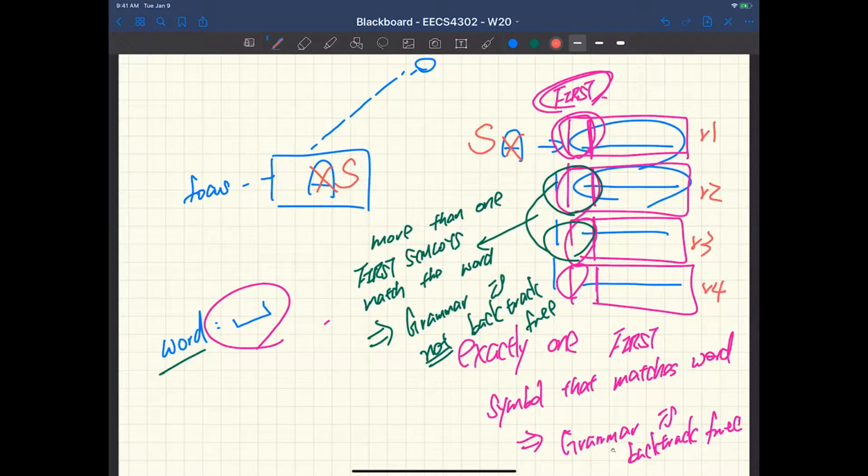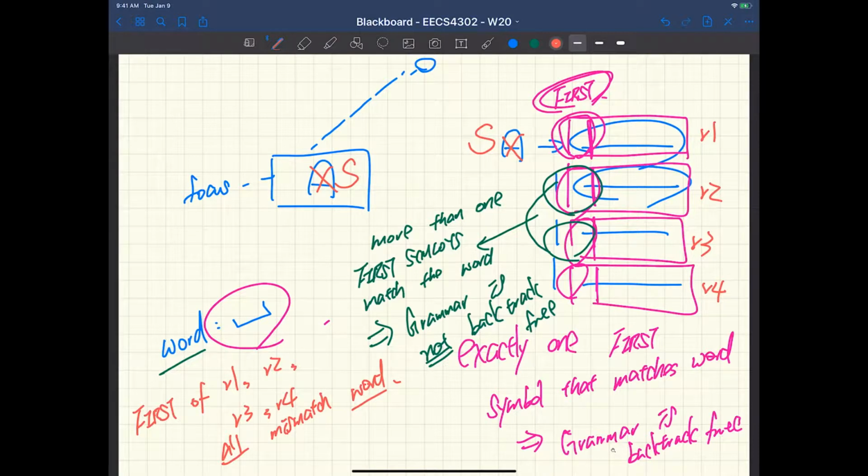What if the first of rule number 1, rule number 2, rule number 3, and rule number 4, all of them mismatch the word? So what does that mean? Let's talk about this special case.